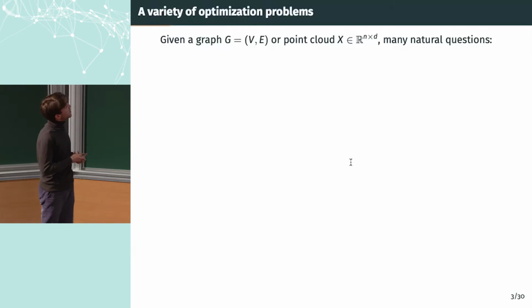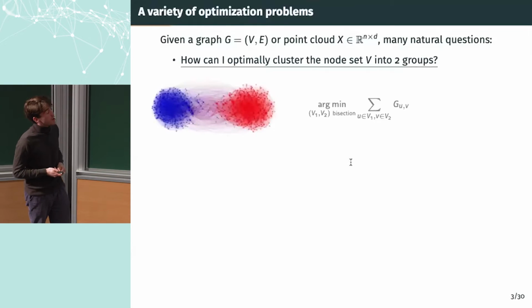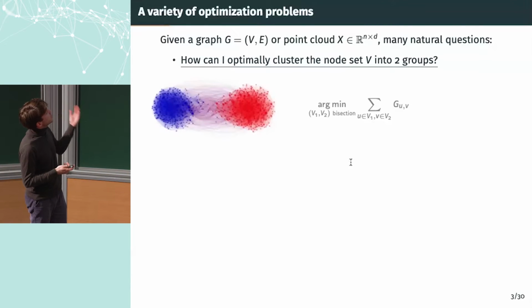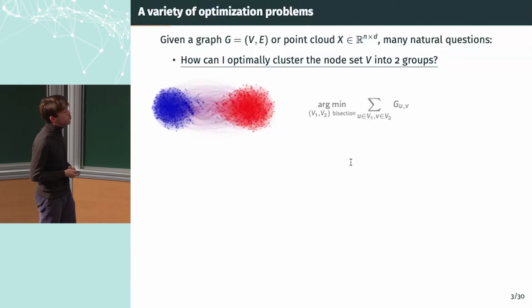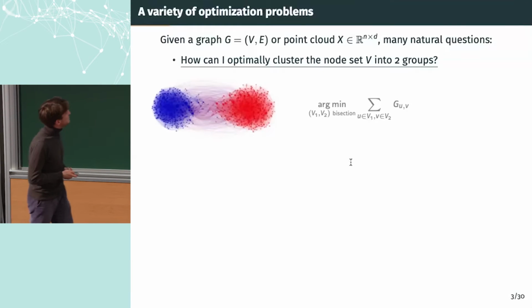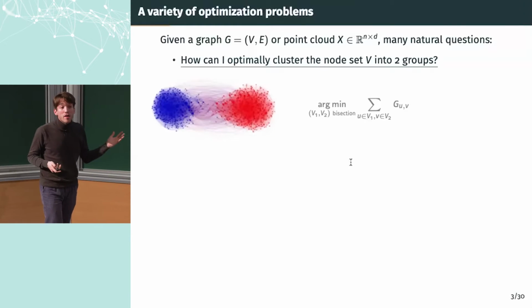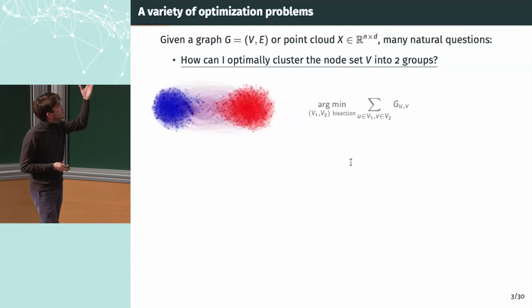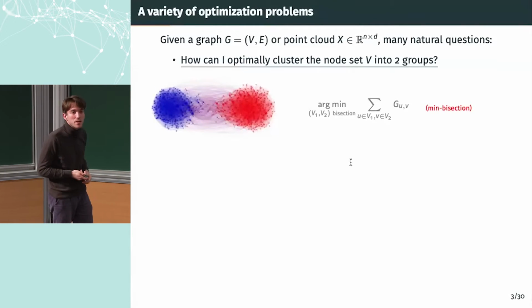Okay, so let's look at a few questions. The first one is, how can I optimally cluster the node set into two groups? Very natural question. If I give you a graph, I ask you for the best split, and you can solve this optimization problem. This is called min bisection.